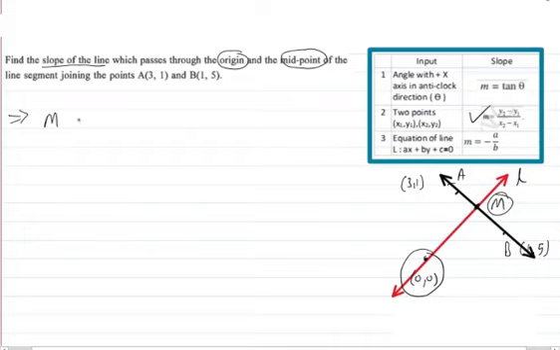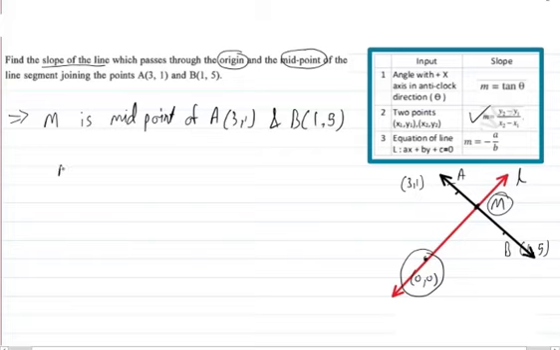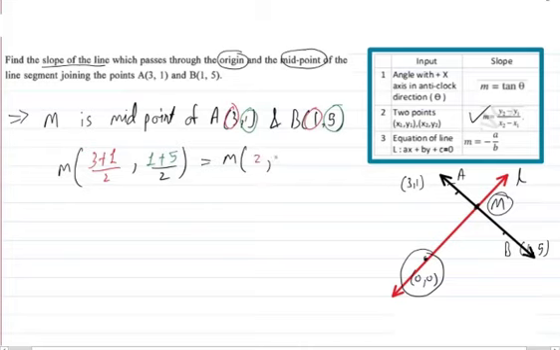So M is the midpoint of A and B, and the coordinates of M must be (3 plus 1) by 2 and (1 plus 5) by 2, right? Or we can say M must be (2, 3), right?